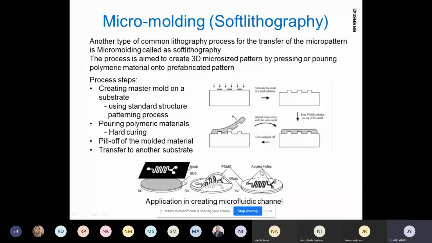Here we create the photomask pattern, we create the mold master, and then we pour the PDMS polymer material, and fill up. Then we transfer to another substrate. Then we have here the channel.